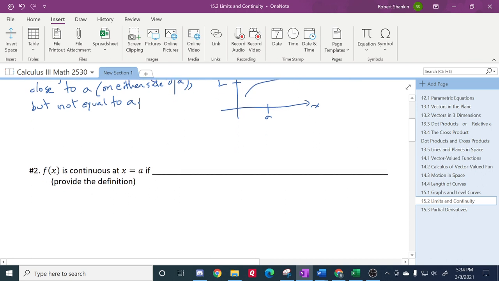From Calculus 1, f of x is continuous at x equal a if, and complete it.